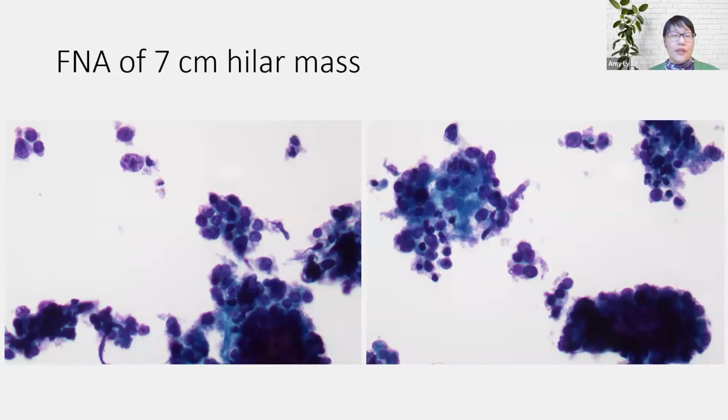It was deposited into ThinPrep, and you can see these very large nuclei as well as a little smaller nuclei. So the chromatin was a bit speckled. You wonder if some of these have some small nucleoli. The amount of cytoplasm in some of these cells is greater than others. So this is kind of interesting. It does seem to be a high-grade lesion.